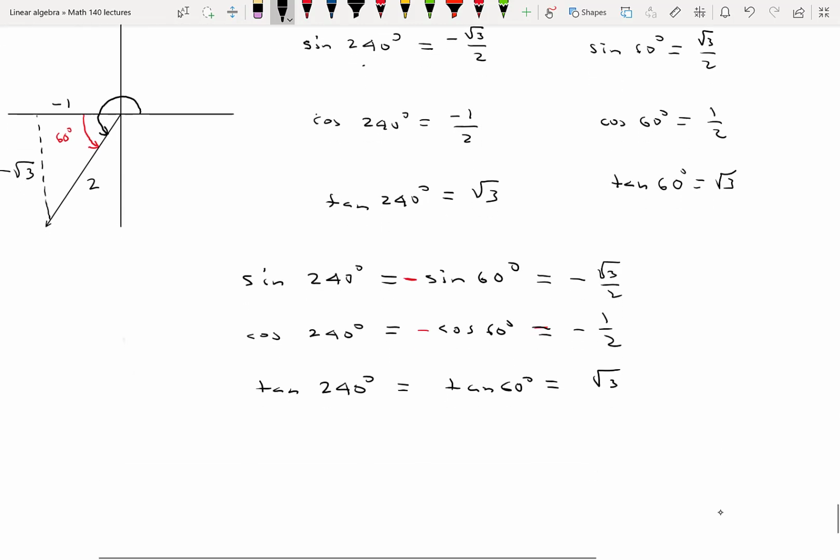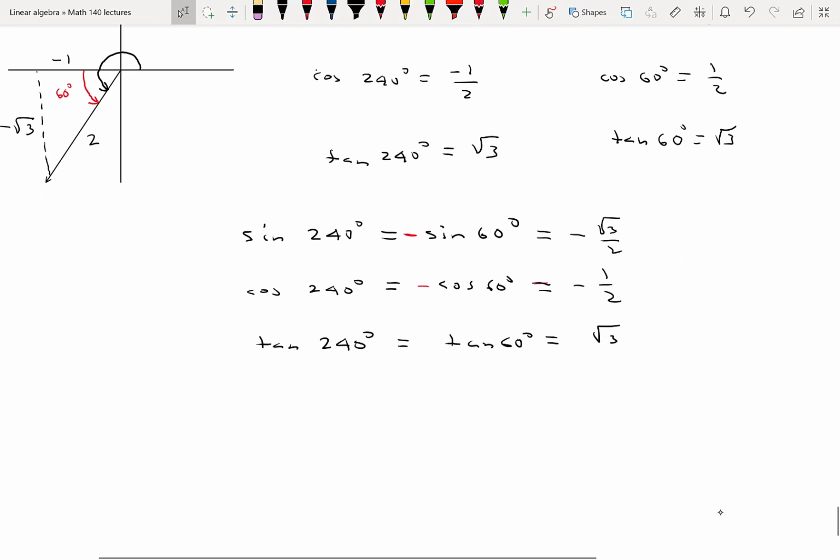Okay, and here's the key. Here's the answer. Here's 6 more identities, sort of. Let's just look at the sine.